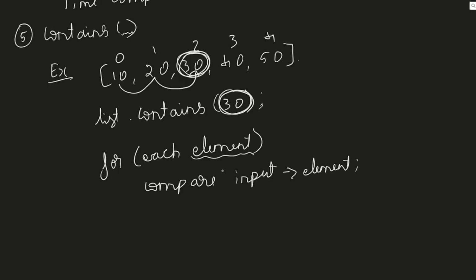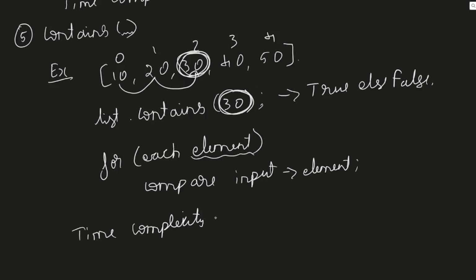If it finds, it will just return true, else false. Since we are doing linear search, the time complexity remains the same as remove. O of n. That's it.